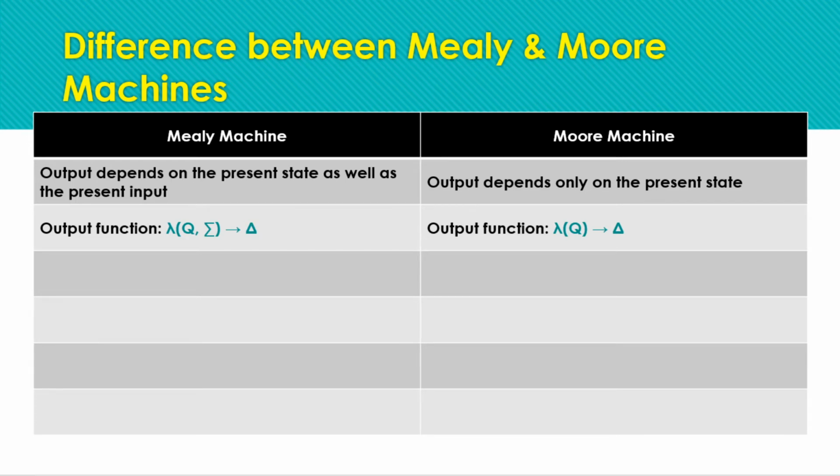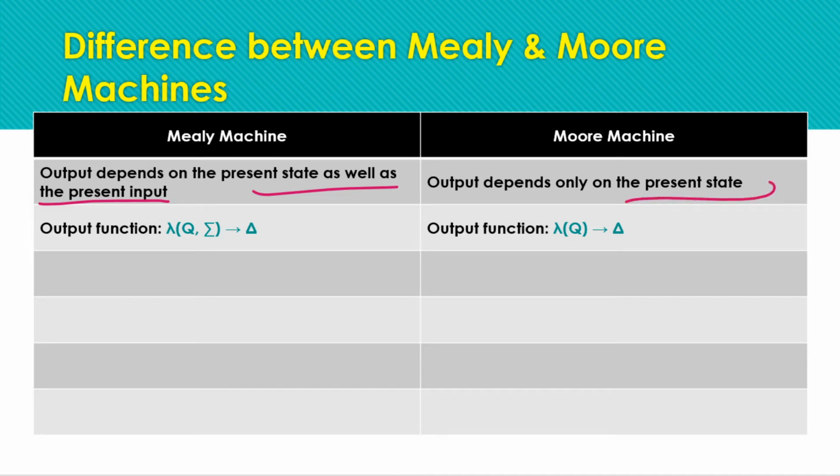In the case of a Mealy machine, as we have already covered, the output depends on the present state as well as the present input. But in the case of a Moore machine, the output depends only on the present state.